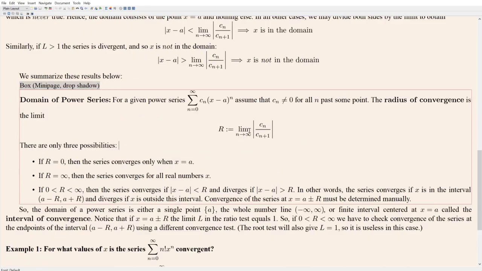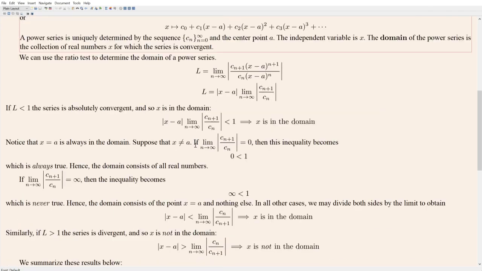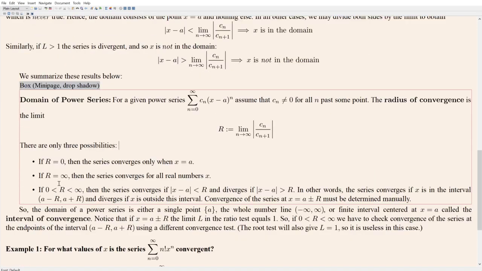So if r is 0, then that means the domain only consists of 1 point, namely x equals the center point. If r is infinity, well, that corresponds to the case where the reciprocal was 0. So in that case, all real numbers were in the domain. Okay? So if r is infinity, then the series always converges, no matter what value of x you plug in.